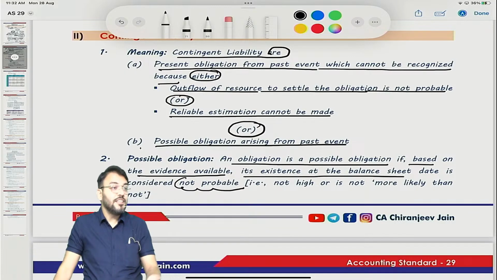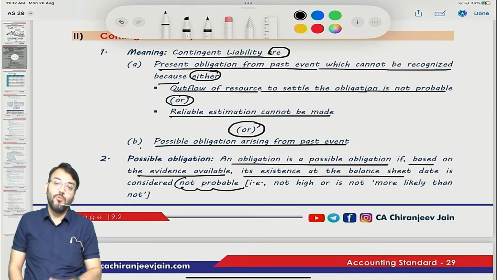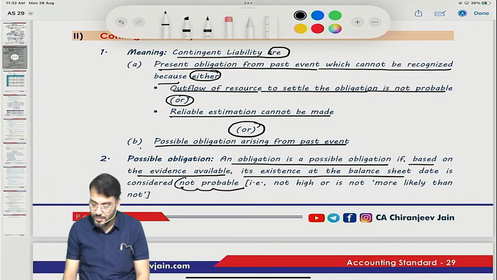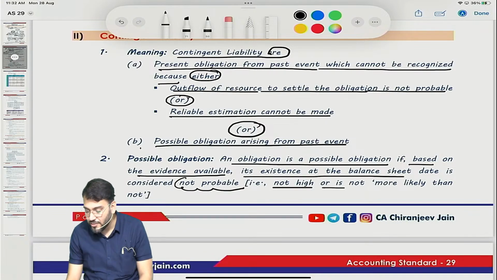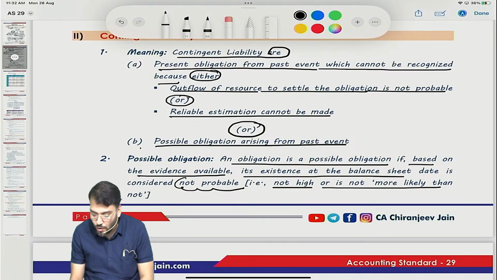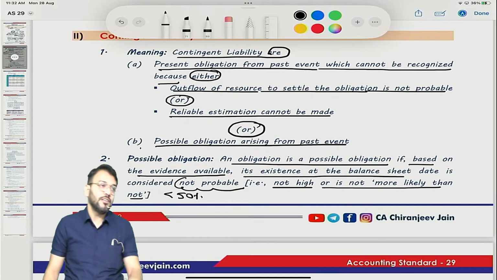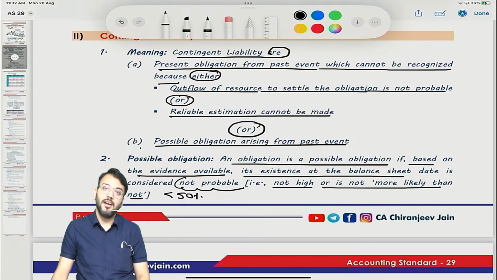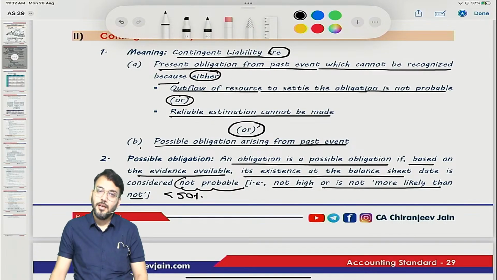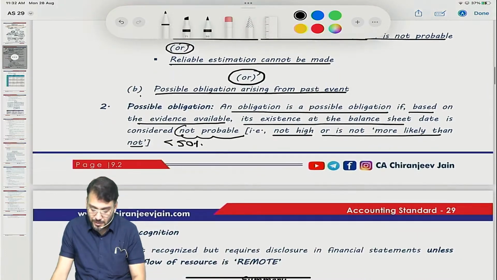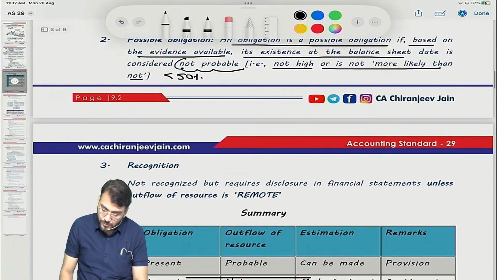Present was more likely than not, so this becomes not more likely than not, meaning simply less than 50%. But it is not a remote obligation. Understood? Have you understood this point?